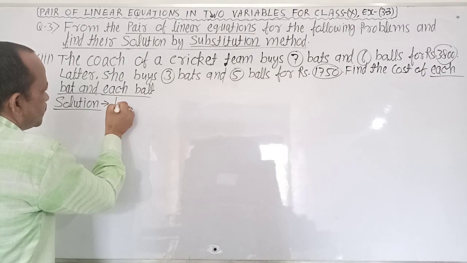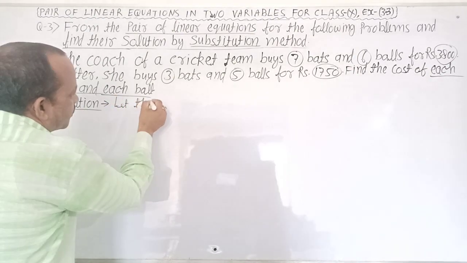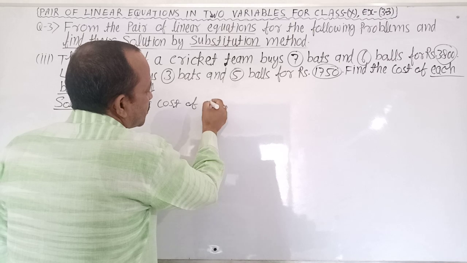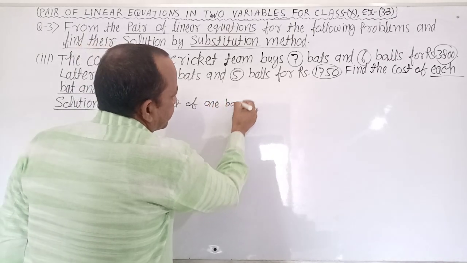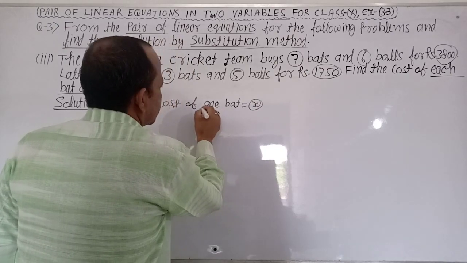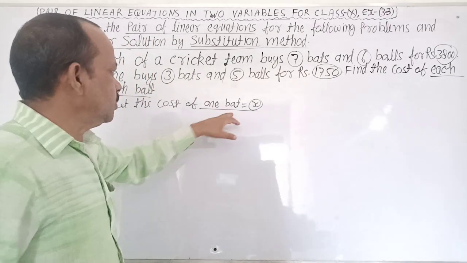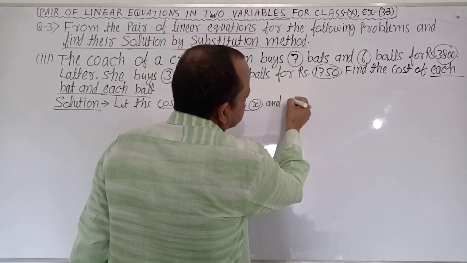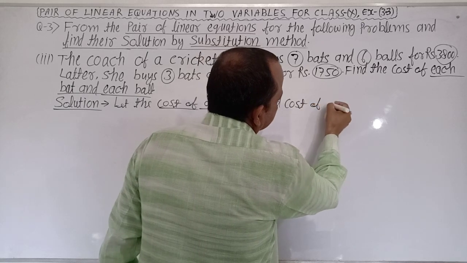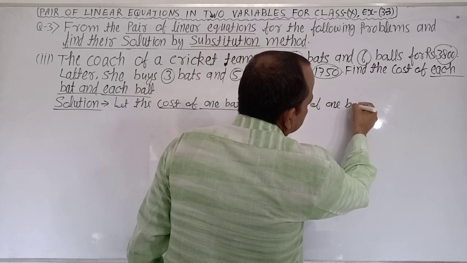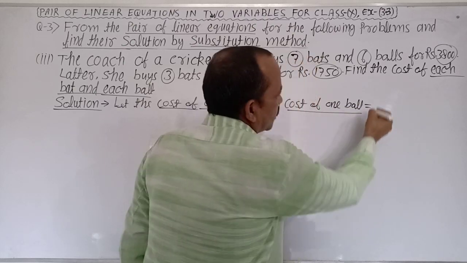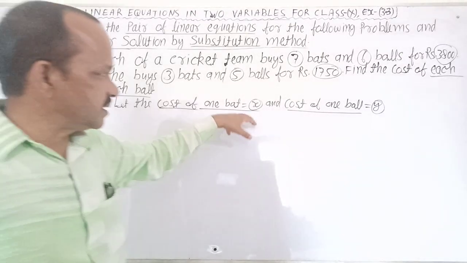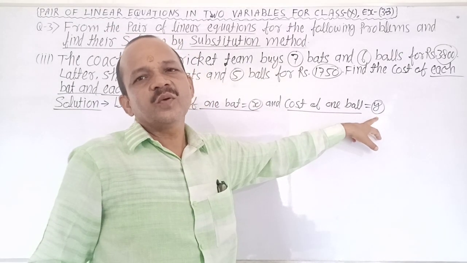Let the cost of one bat equal x and the cost of one ball equal y.